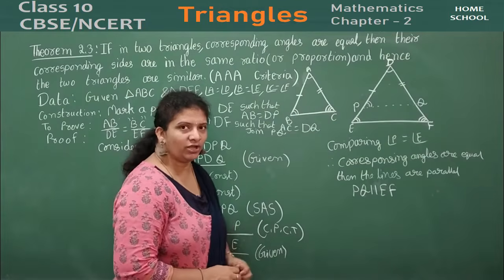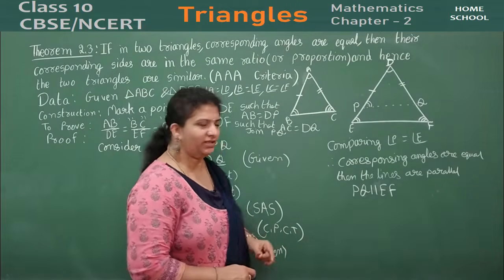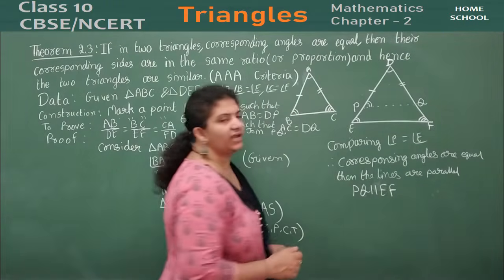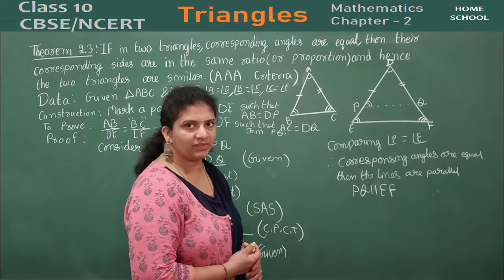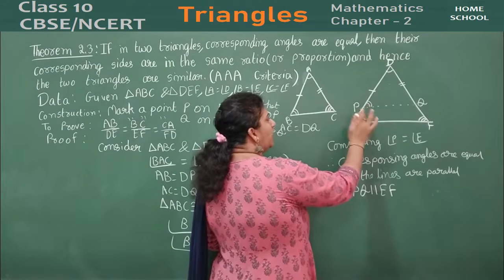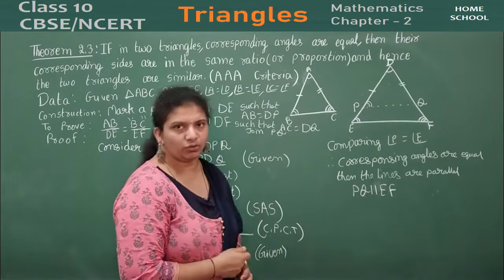Now again, what do you remember? If lines are parallel, you remember BPT, right? So, if lines are parallel, you may apply any corollary. I can't apply corollary 1 here. Either corollary 2 or corollary 3 you can apply.